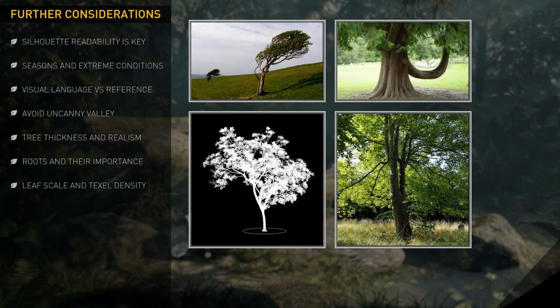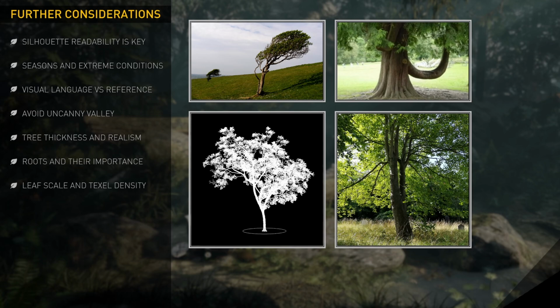All right, then some further considerations here. I would like to talk about some stuff to think about before you even get started. So I guess the first thing I want to mention is that silhouette readability is key. That applies to other 3D meshes as well, obviously.